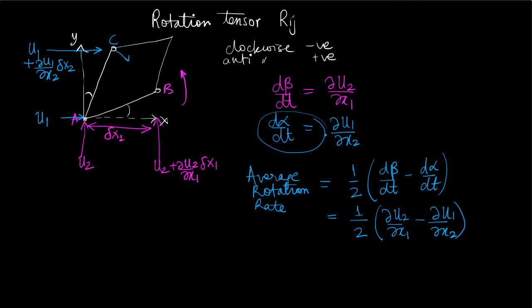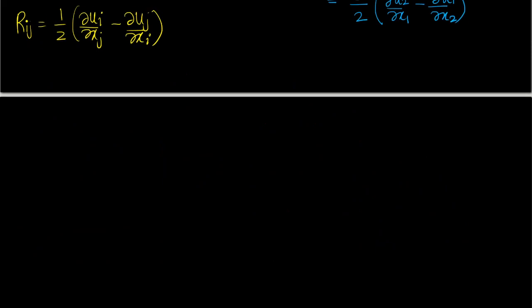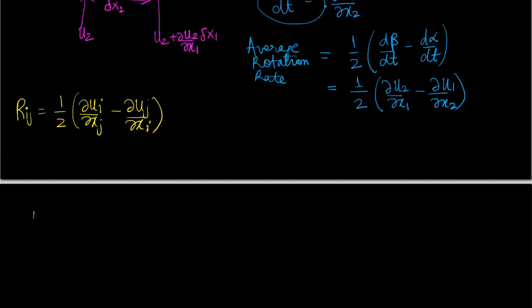Let us write down the expression for the tensor Rij. It was half of del ui del xj minus del uj del xi. Let us write this down in terms of a matrix. So R matrix is, so what will be R11?